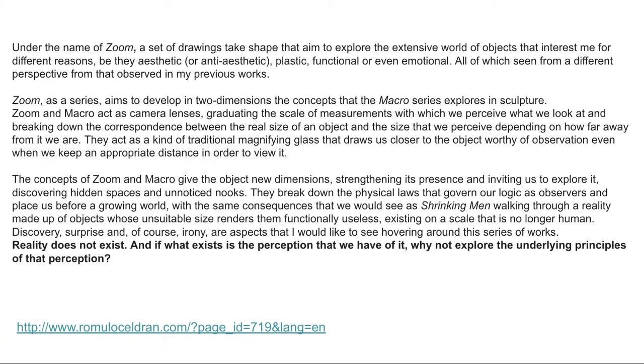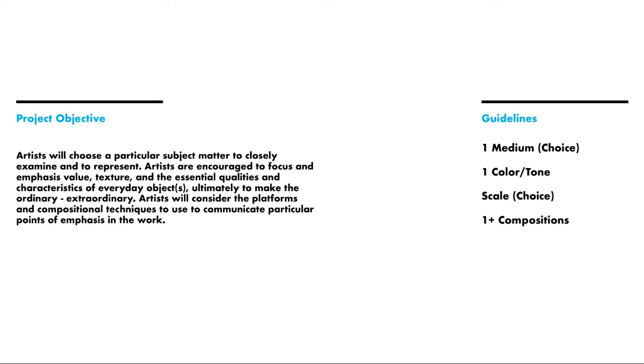These are resources you guys can use and look at to provide you with more context for the project. But what I'm going to be talking about the most is just the objective and then the guidelines. So the objective basically is you're going to choose particular subject objects that you use, that you encounter, that would potentially be considered as mundane.